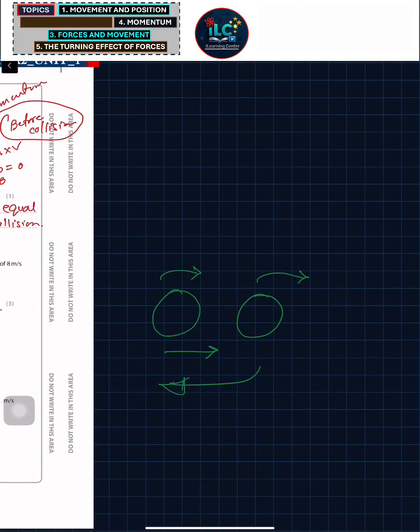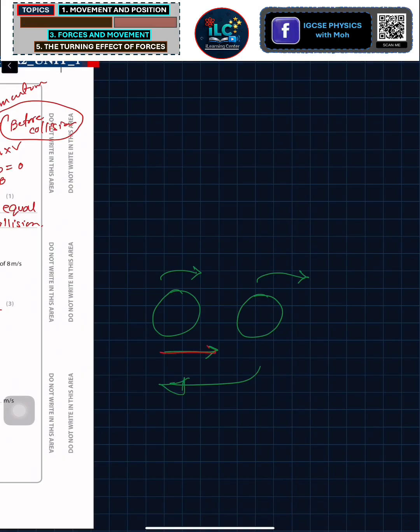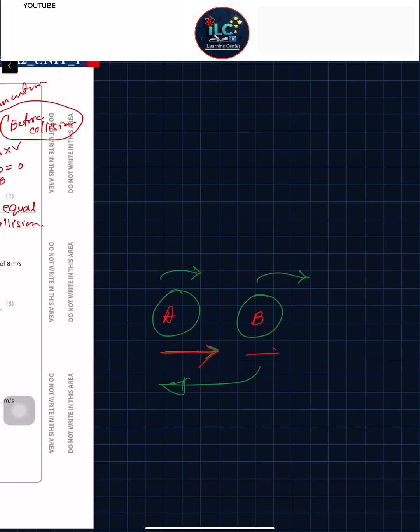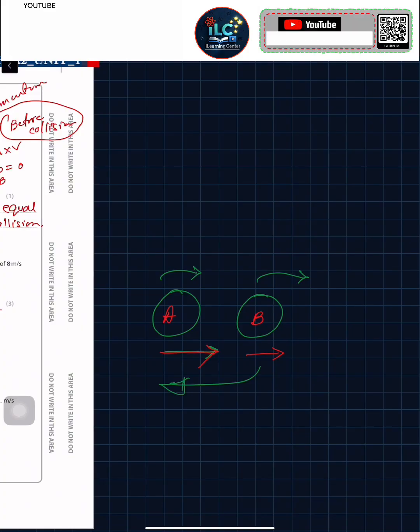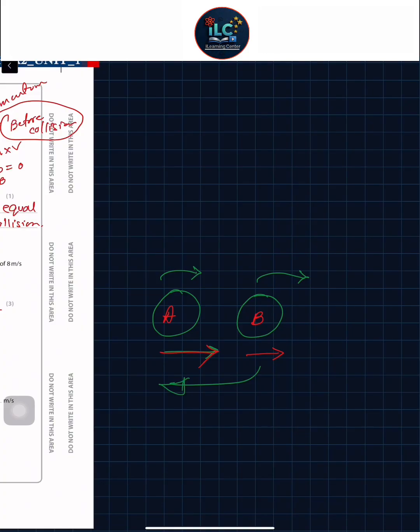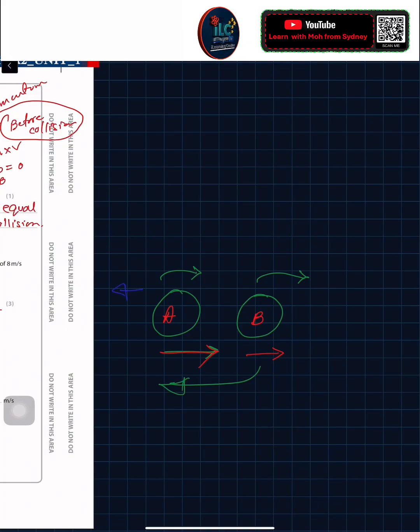The only possible option is if ball A comes here and hits B, both of them either move in this direction, or another possible scenario is that A moves in this direction.